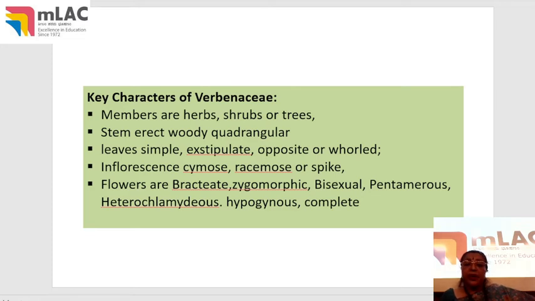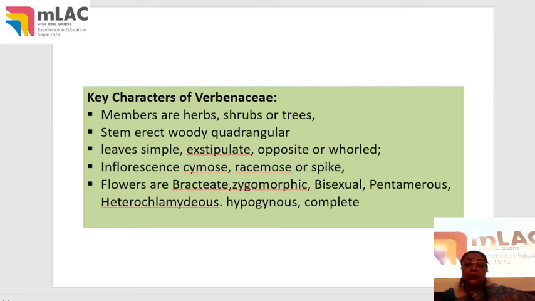Leaves are simple, exstipulate, opposite or whorled. As we know, opposite or whorled is the kind of phyllotaxy you find at the nodal region. Inflorescence is cymose, racemose, or a spike.